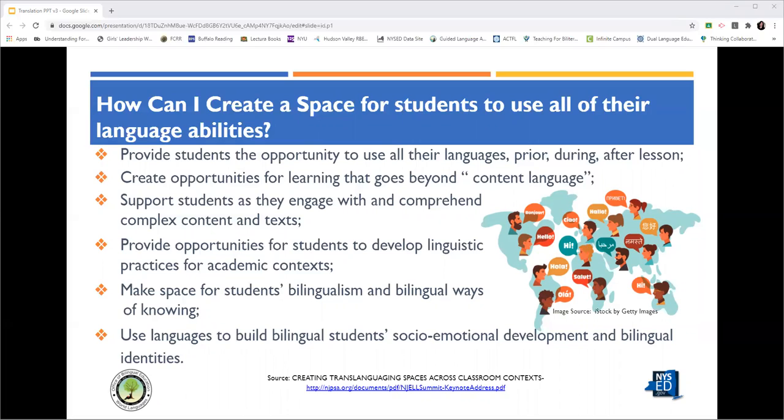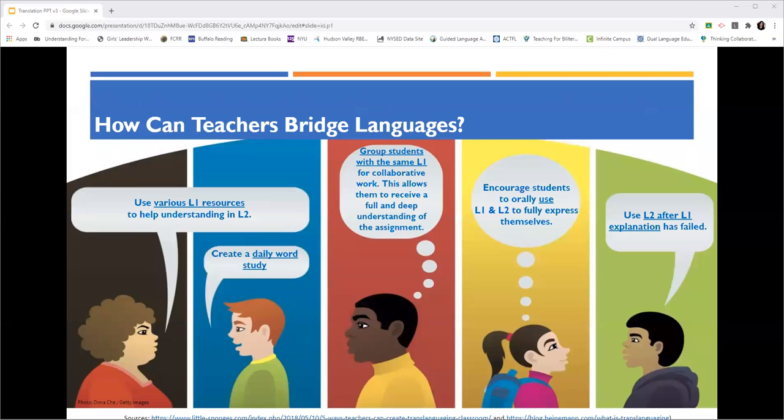And using languages to build bilingual students' socio-emotional development and bilingual identities. We want to make sure we are creating classrooms and spaces that are inclusive and welcoming and promote safety and learning for our students. On the following slides, we'll provide you with some specific examples that will help you bridge languages in your classroom.